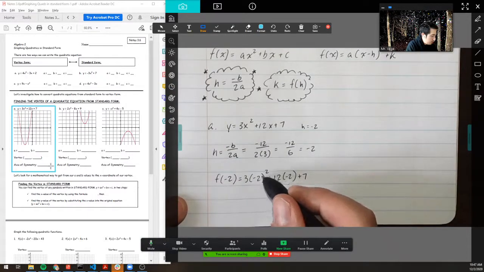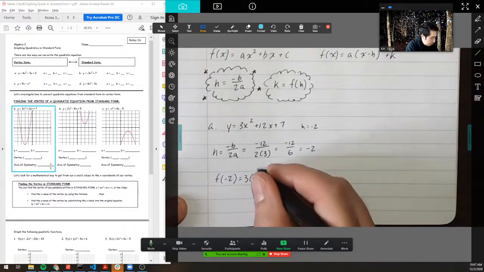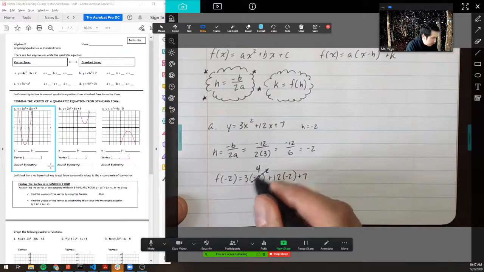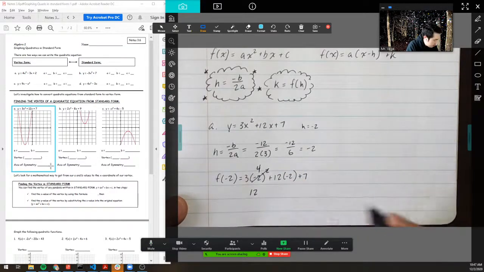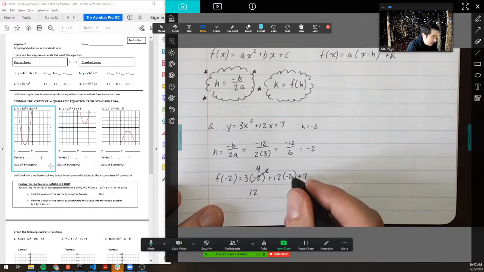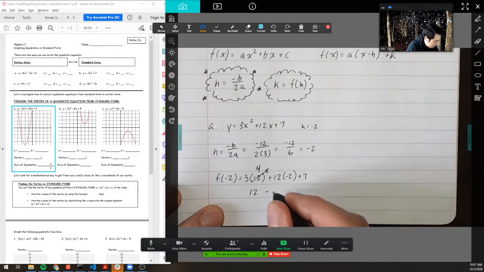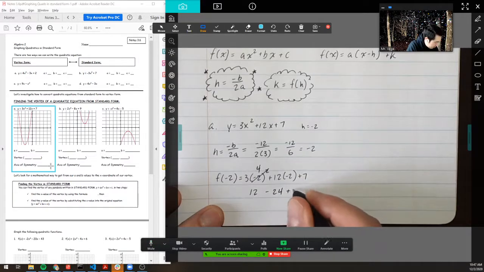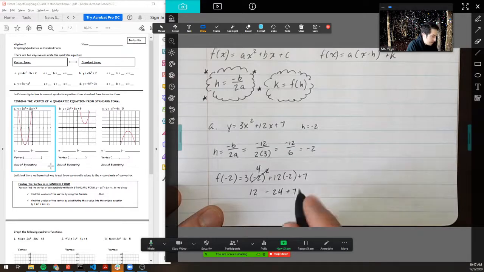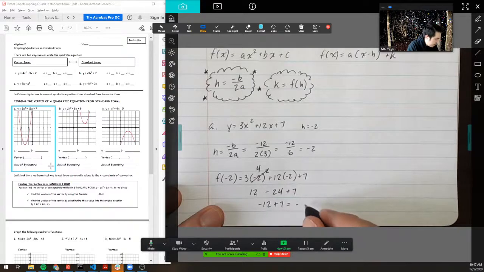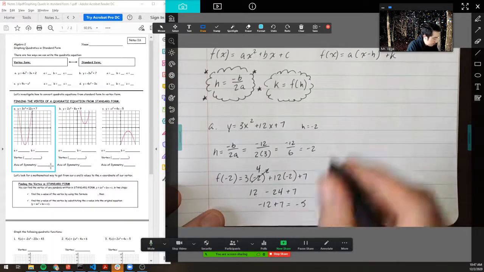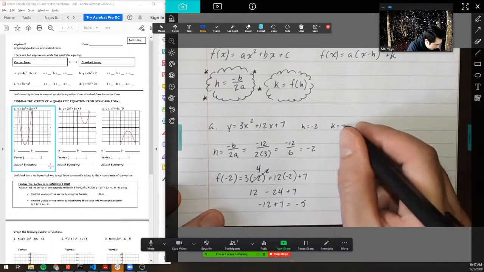Negative 2 squared is 4. 4 times 3 is 12. 12 times negative 2 is negative 24. 12 minus 24 is negative 12. Negative 12 plus 7 is negative 5. So k is negative 5.